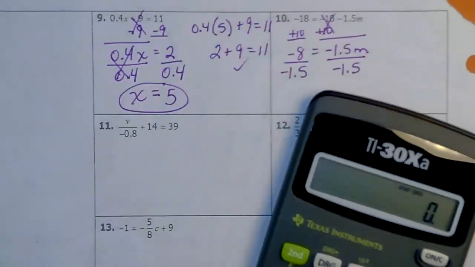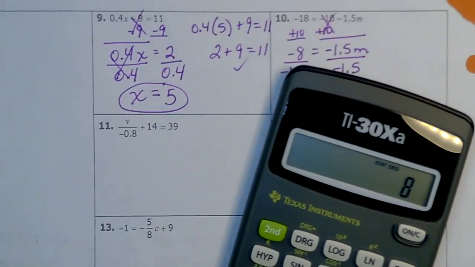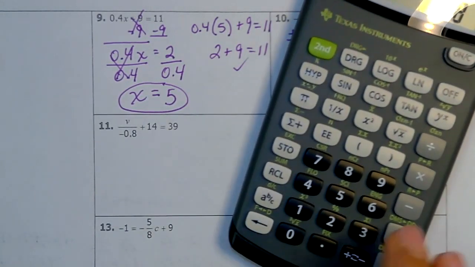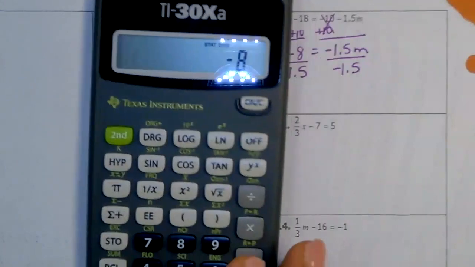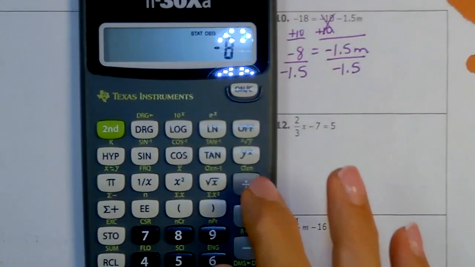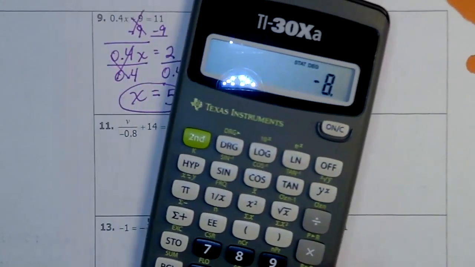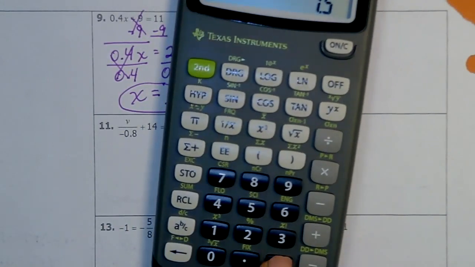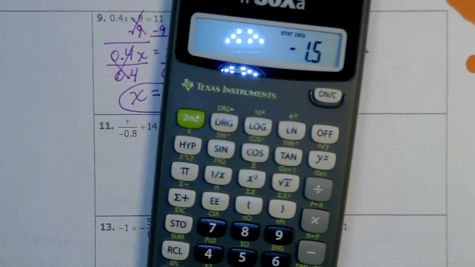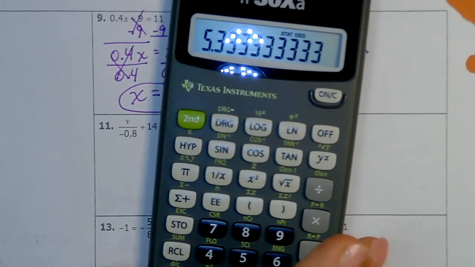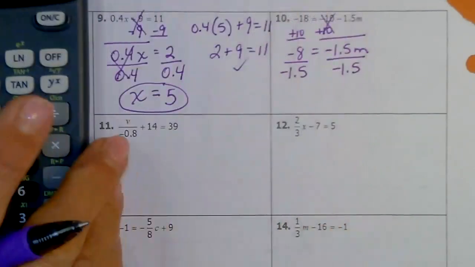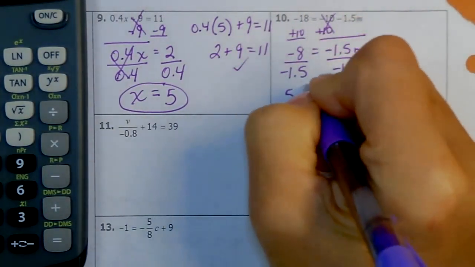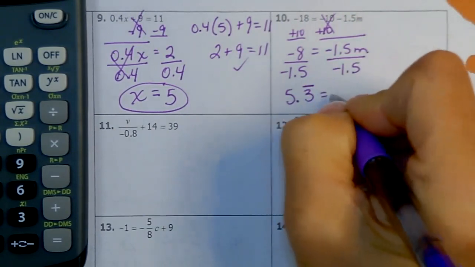On my calculator, 8, and then I push the negative sign down here at the bottom. Now I'm going to put divide, 1.5 and the negative again, equals 5.333333. So I'm going to write that as 5.3 repeating.